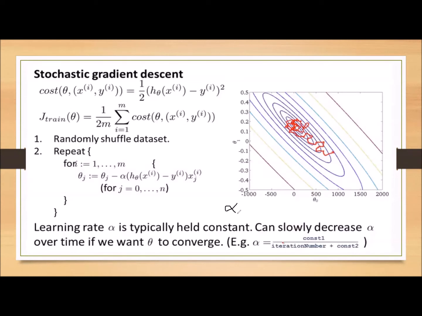The problem is that if we do not converge, then even though we use this much processing, we do not get the approximate minimum of the cost function, so we cannot use proper values of theta naught and theta 1 in our hypothesis, and we may not predict the proper values.